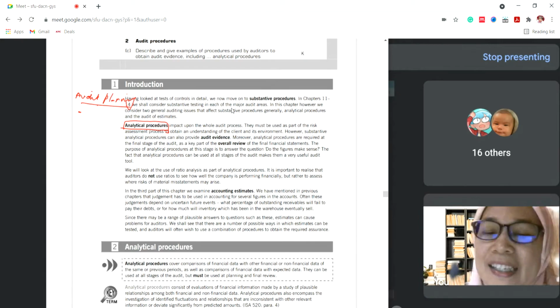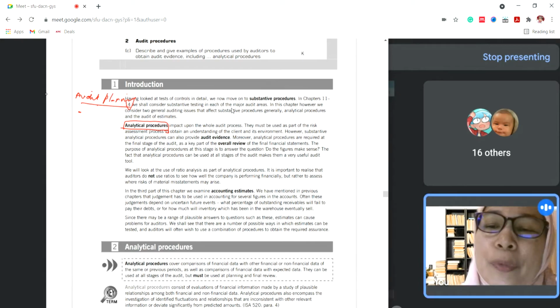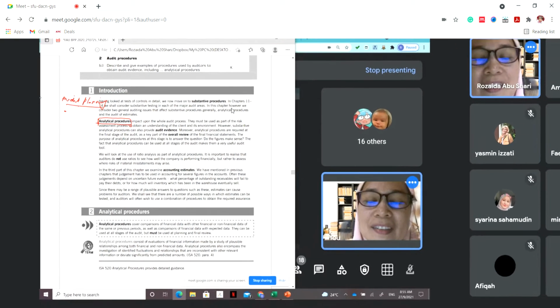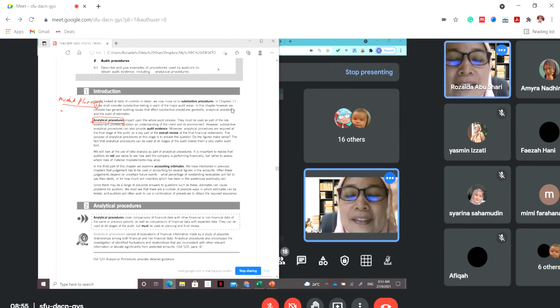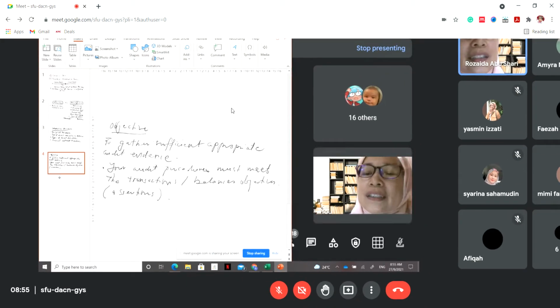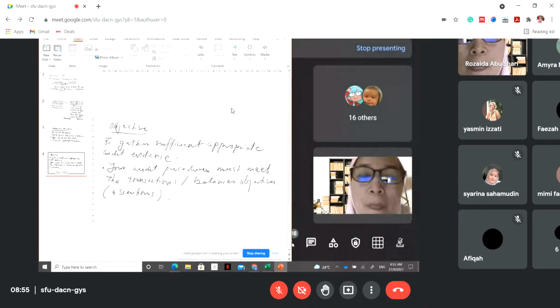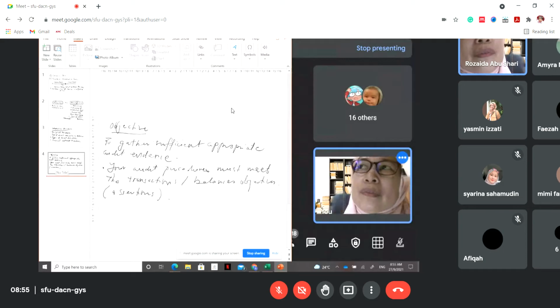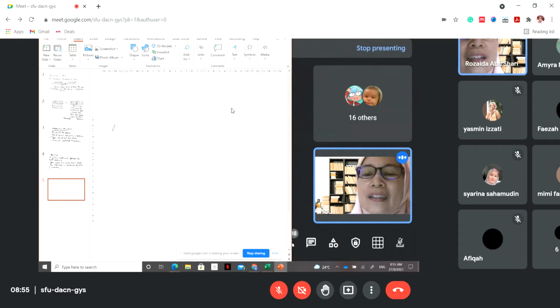Yes. Do you still remember the analytical procedure that you perform during the audit planning? Forgotten already? Okay, what are the stages? The four ones, madam? Four? Where are the four? Analytical procedure during the audit planning. Remember or not?